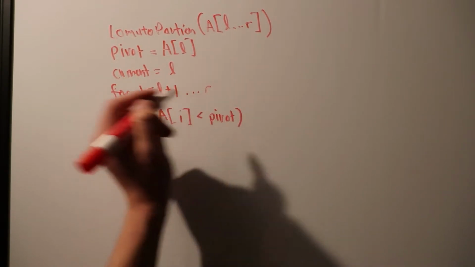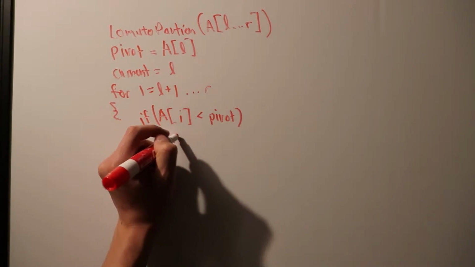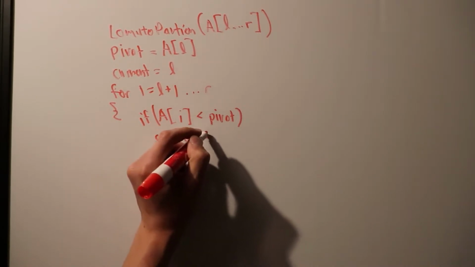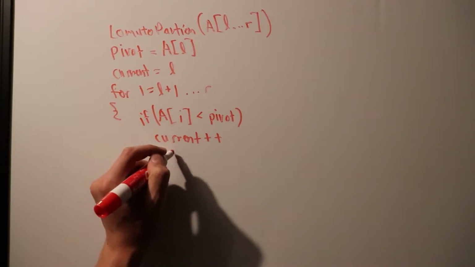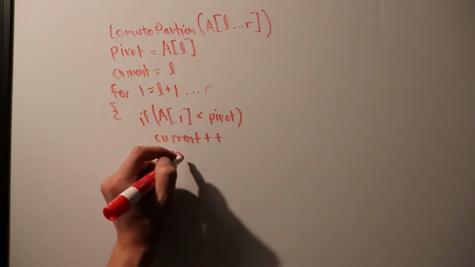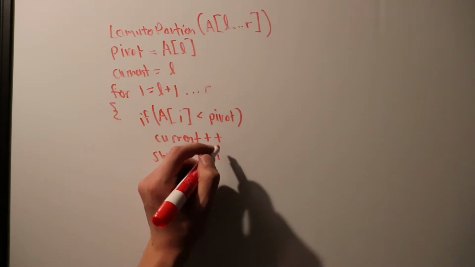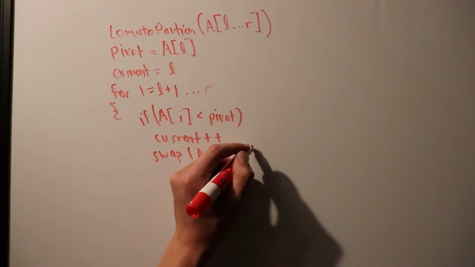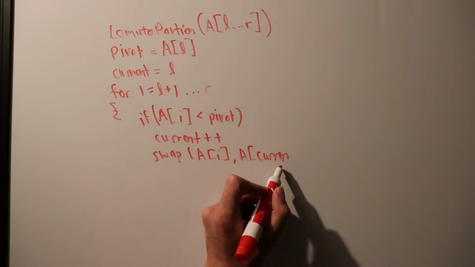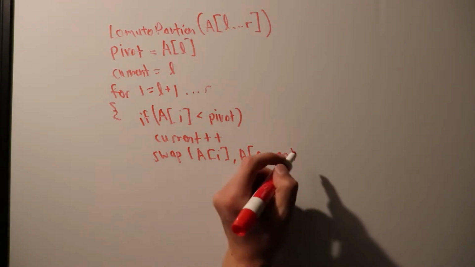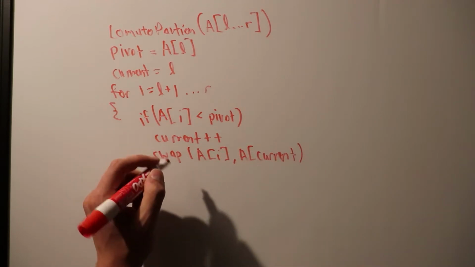We need to take our current and increment it, and then we also need to swap A at i and A at our current. This may not make a lot of sense just off the bat, but once we actually work through the process one time, it should make a little bit more sense.